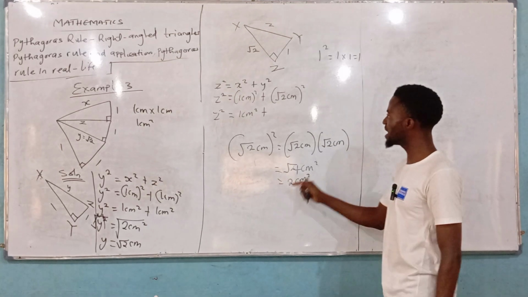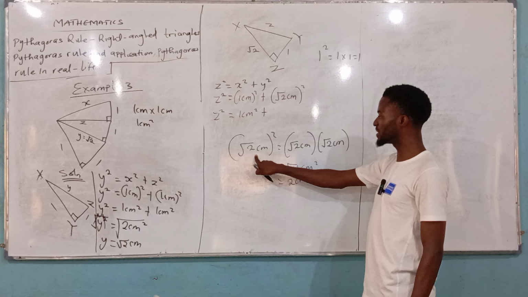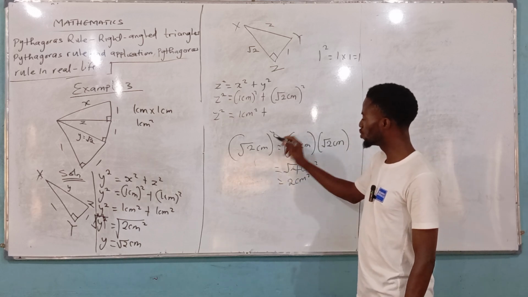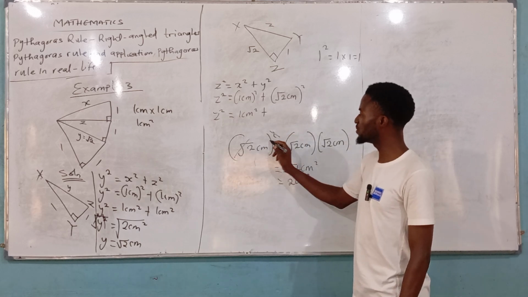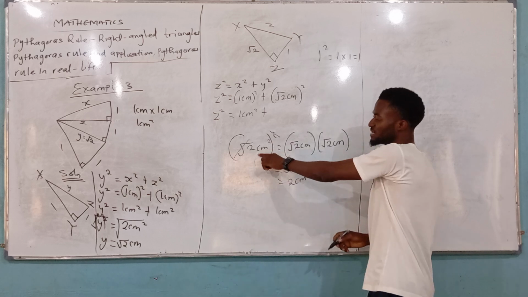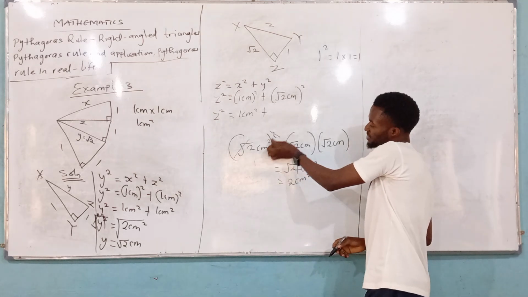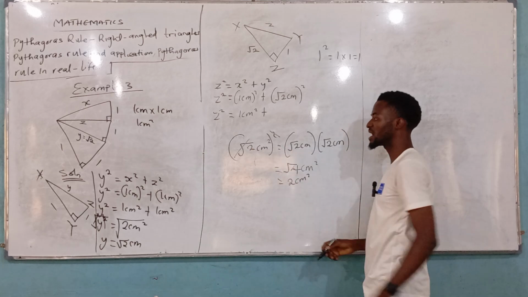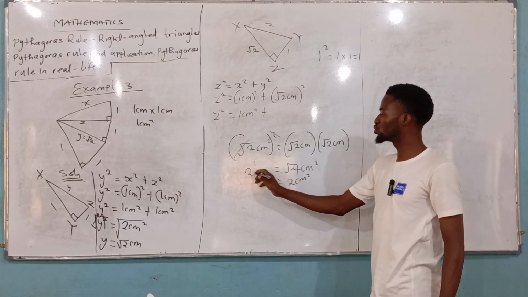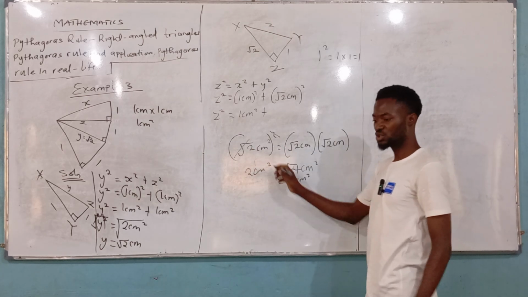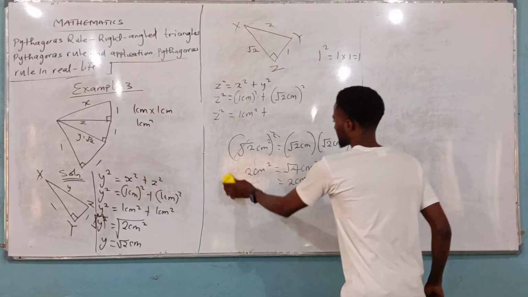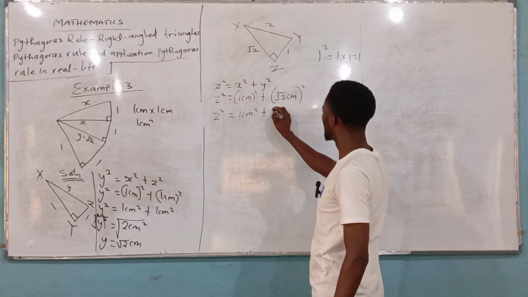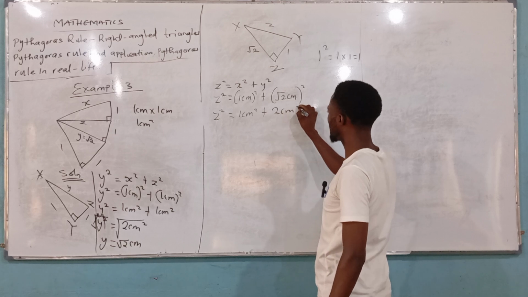Another way to simplify this is that the 2 goes with the root, because the square is meant for both of them, the 2 and the centimeter. We are left with 2 centimeter squared.